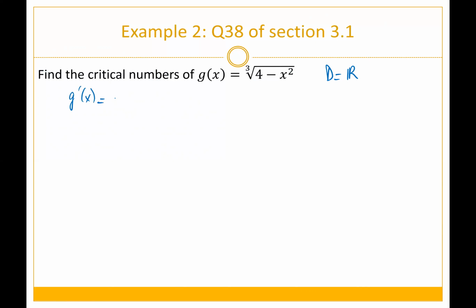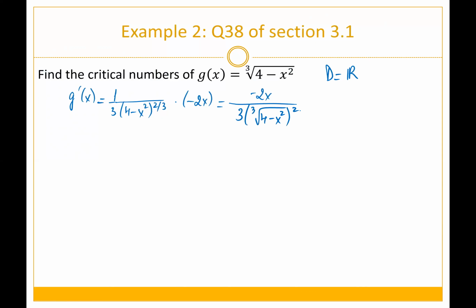G prime of x is 1/3 over 4 minus x squared to the 2/3, multiplied by negative 2x. So it's negative 2x over 3 multiplied by the cubic root of 4 minus x squared, squared.